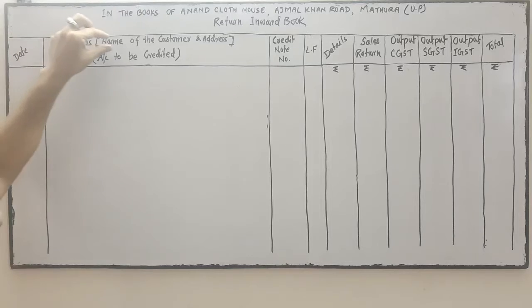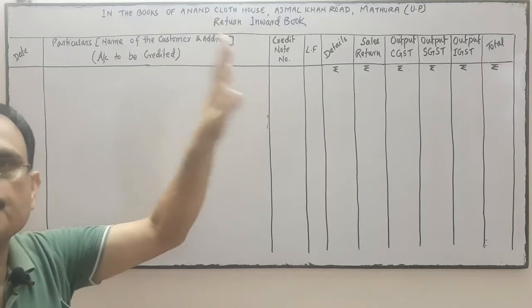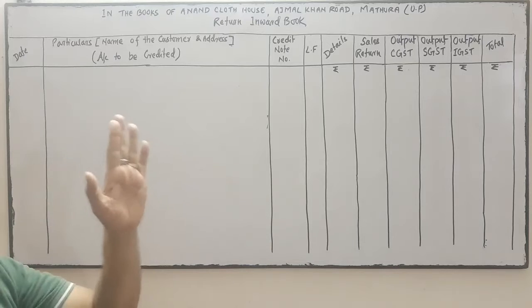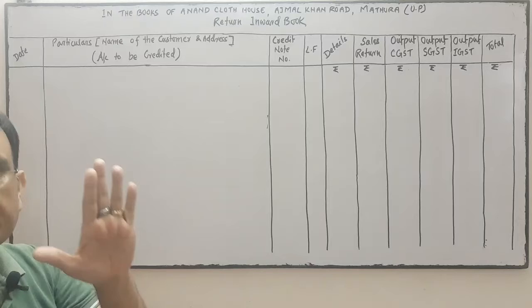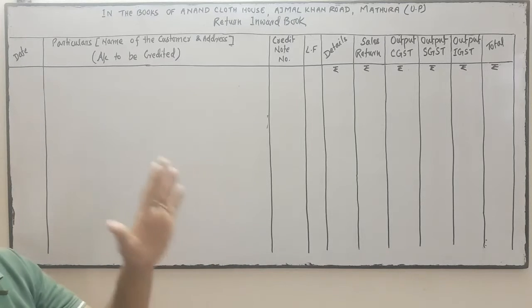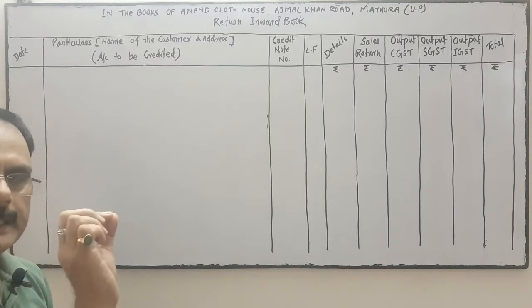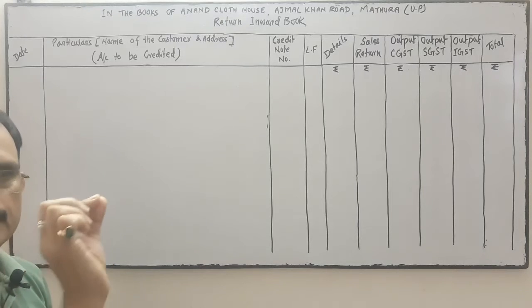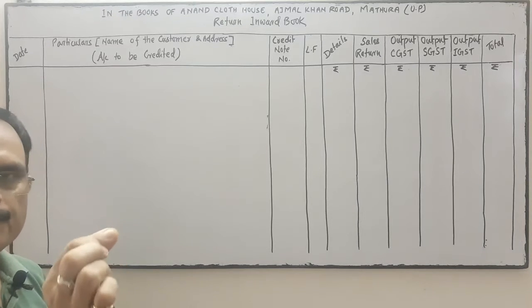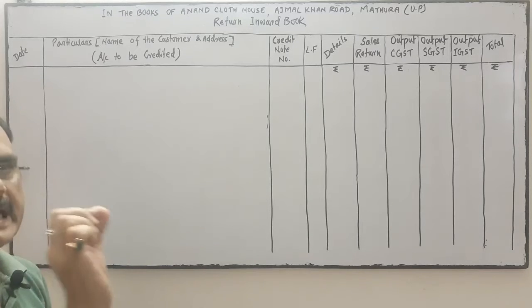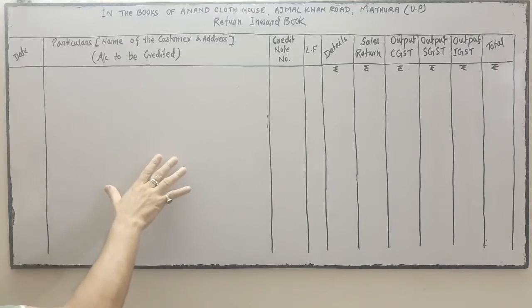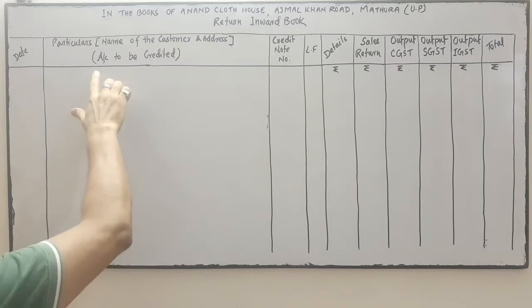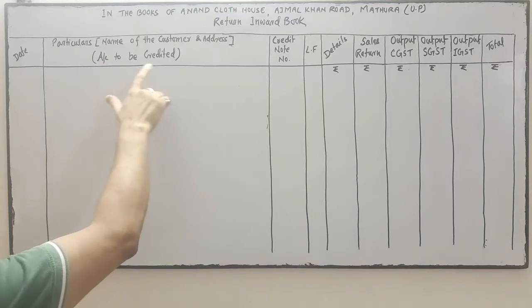In particular you write the name of the customer and address who has returned the goods, and also the details about the goods: the quantity, type of goods, rate of goods, trade discount, CGST, IGST, SGST. You have to write in this particular column, and the customer's account will be credited.